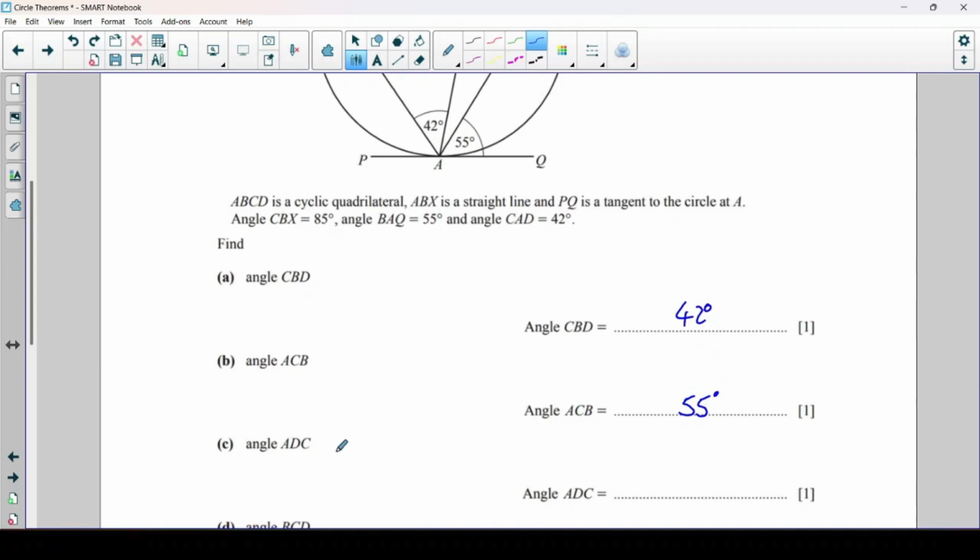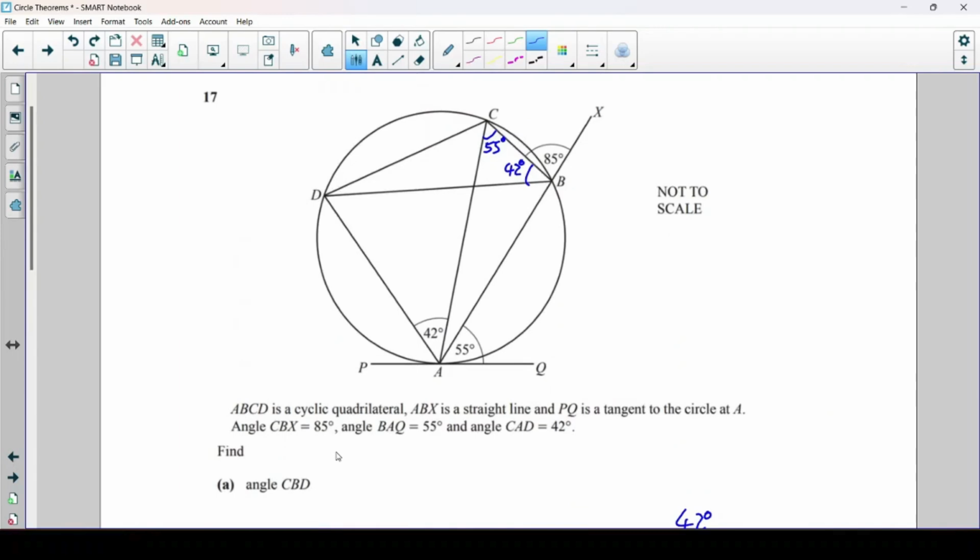Next, we're asked for angle ADC. Let's draw that in first. And we're wanting this angle here. Now, if I knew this angle here, then I could use the fact that it's a cyclic quadrilateral. And actually, I do have enough information to figure that out.